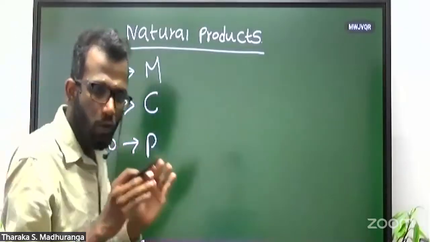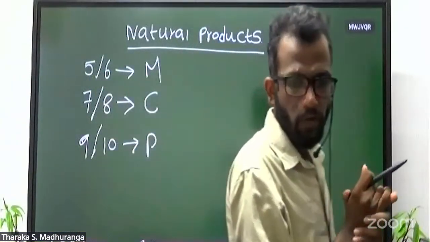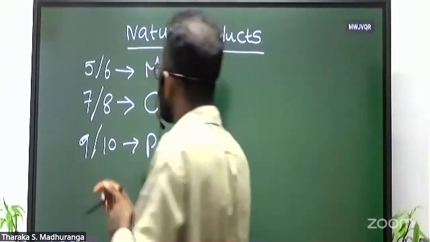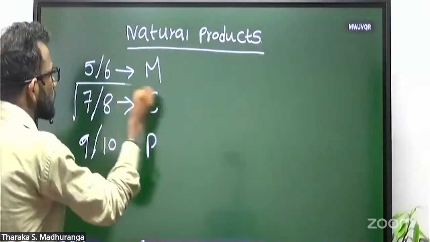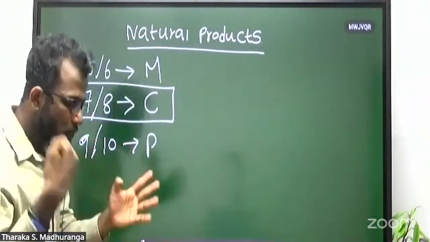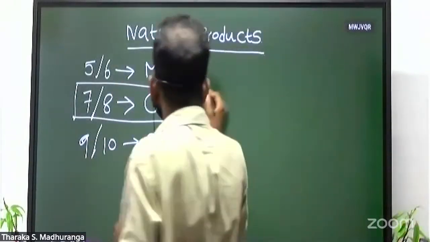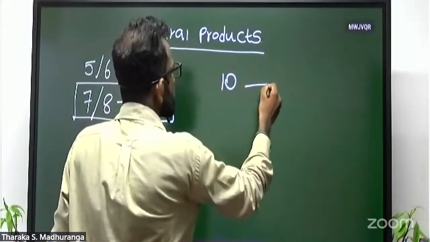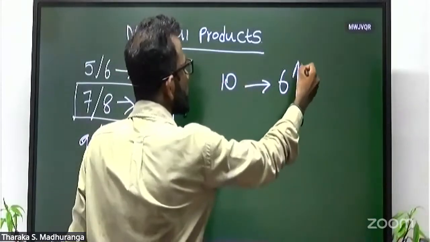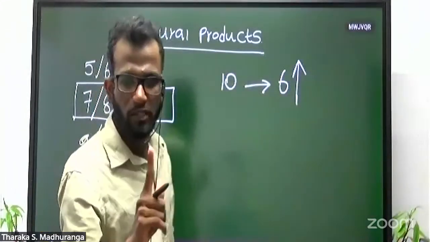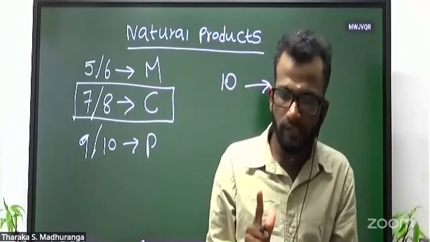If you go through all the past papers, these two chemistry questions, most of the time, out of 10 past papers, more than six times one chemistry question came from the natural products lesson.